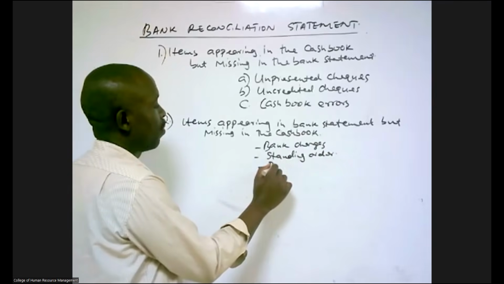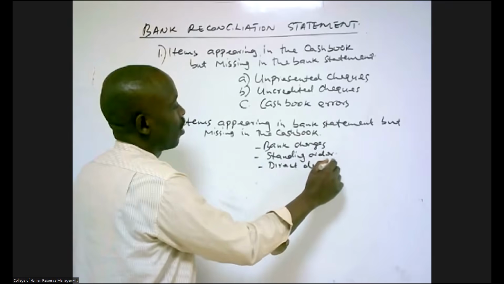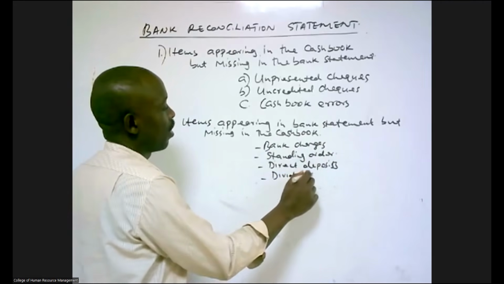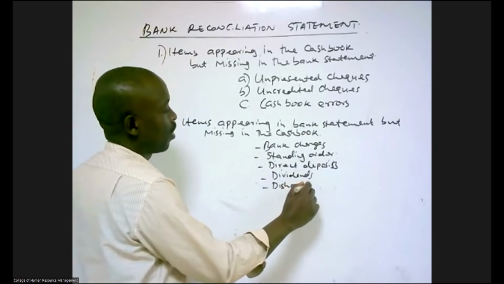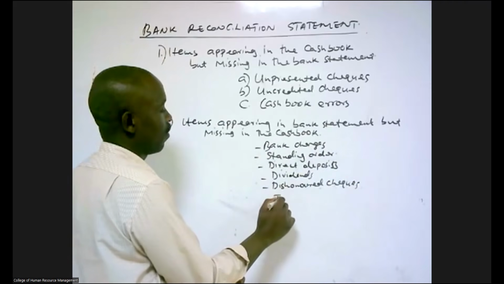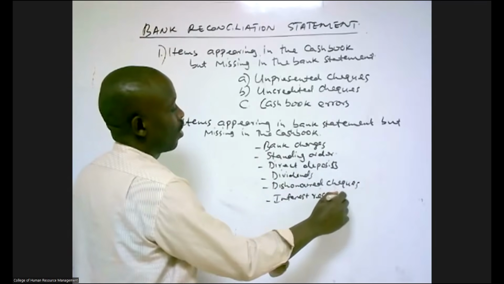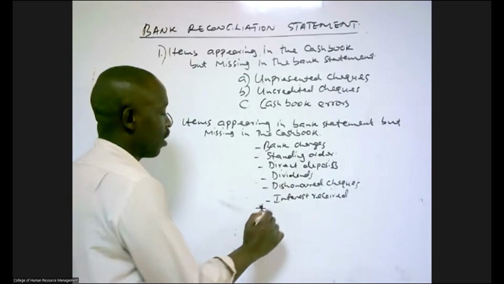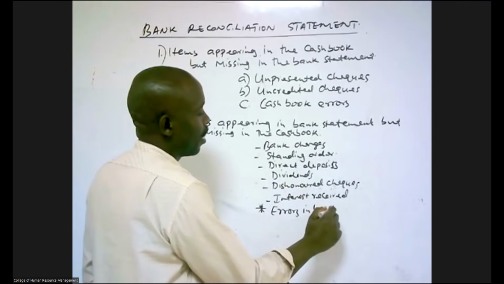We have the direct deposits. We also have dividends. We also have discount checks. Interest received. And also sometimes in rare circumstances, we have the errors in bank statements.